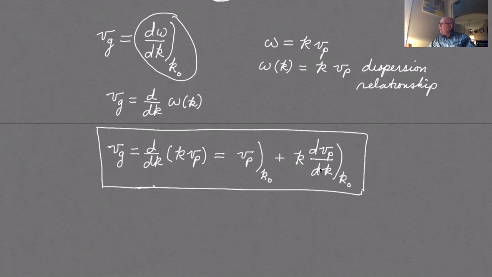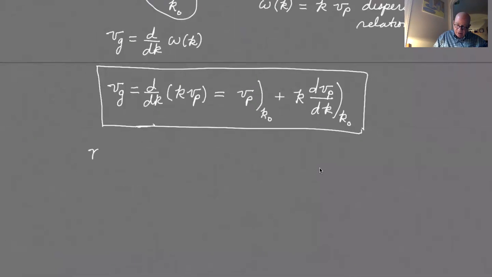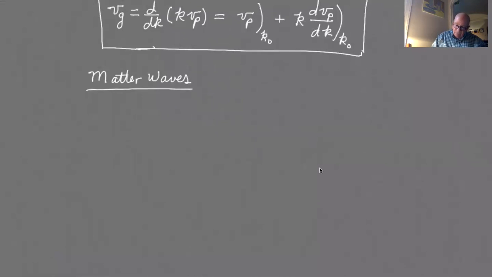All right. So let's apply these ideas to matter waves. Okay. So now imagine that we have an electron which is moving from left to right with some speed v.